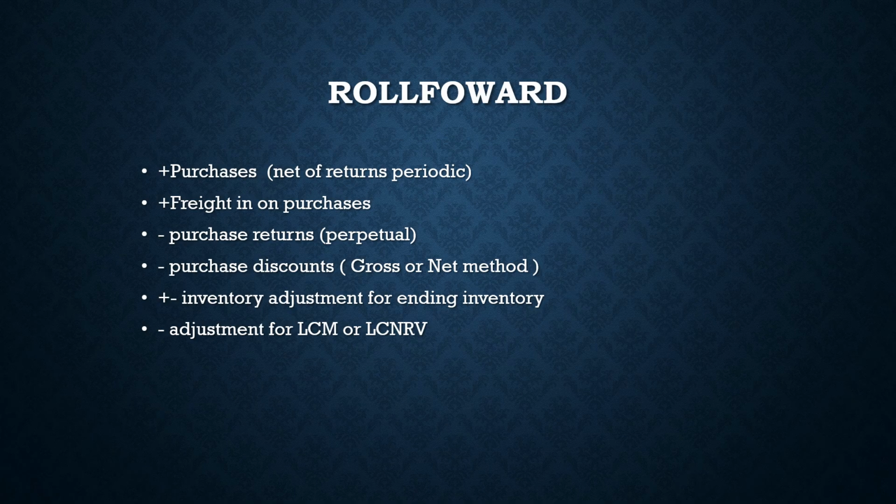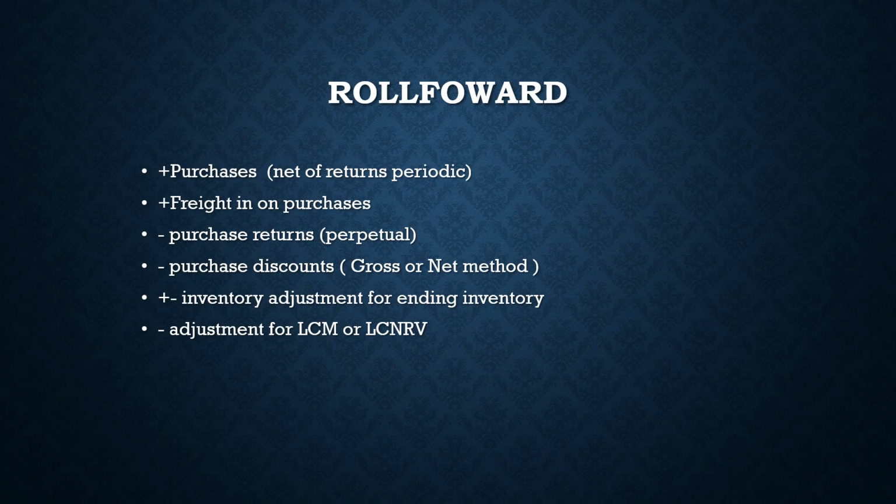So our roll forward will include purchases, net of returns in periodic, plus freight in on purchases, minus purchase returns in the perpetual, minus purchase discounts, gross or net method. So just like we had sales, we can record our accounts receivable gross or net method. The purchase discounts can be recorded gross or net as well.